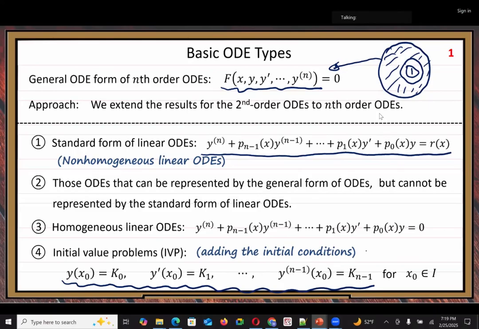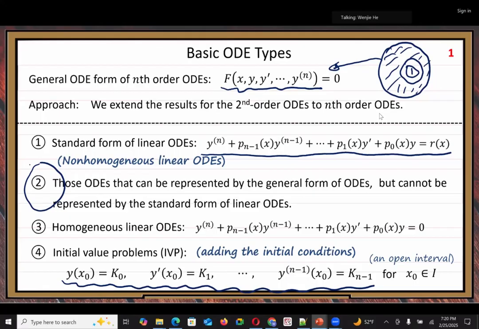So that's the basic types we can study. But this second type is the hardest. The second type is the hardest. So we can only work on some very special second type.